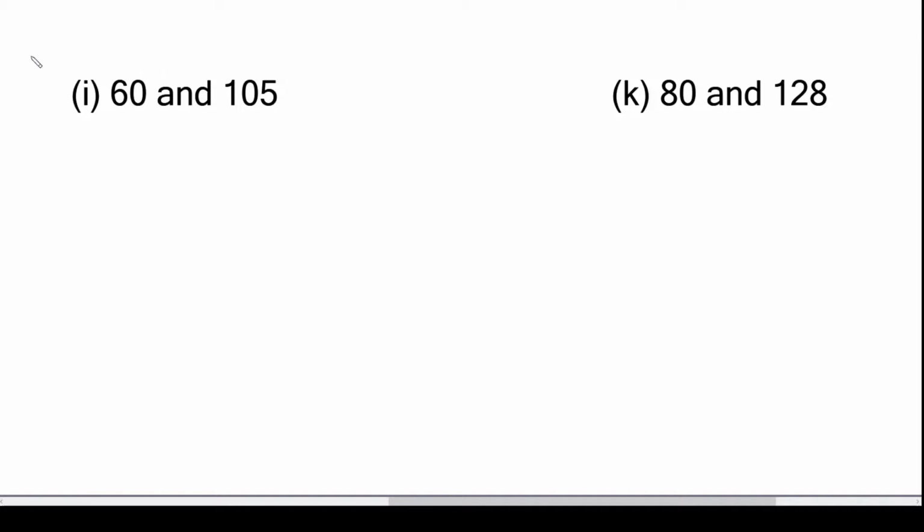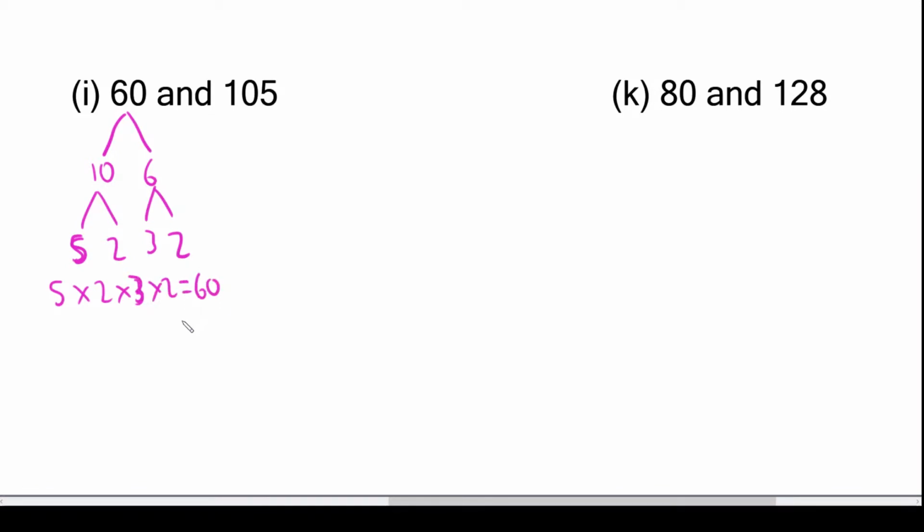Okay, 60 and 105. So 60, that's 10 times 6. And 10 is 5 times 2. And 6 is 3 times 2. So we've got 5 times 2 times 3 times 2 equals 60.